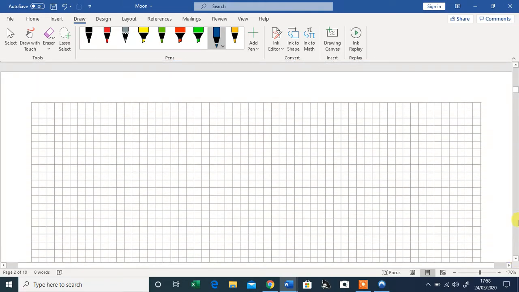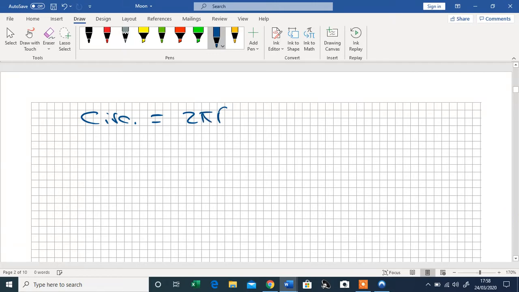Well, the circumference is equal to 2 pi big R. This means that the velocity must be the circumference, which is just a length basically, divided by the period, or the time that it takes to complete one revolution. So that's equal to 2 pi r over t.